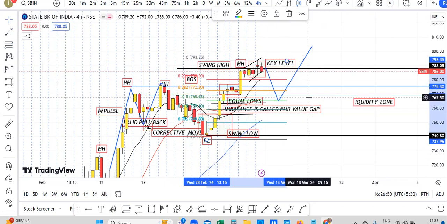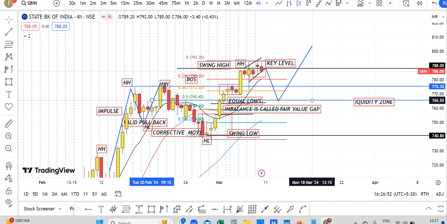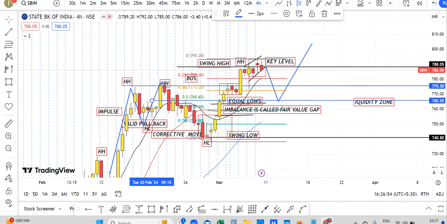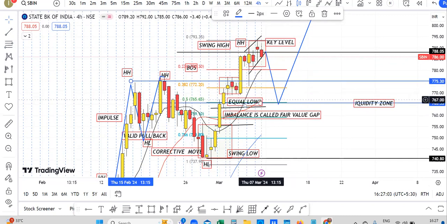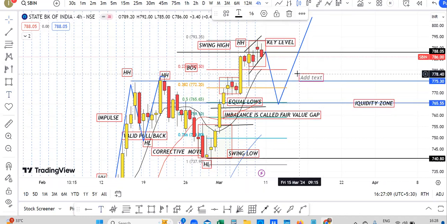I'm applying the fib tool to notice the 0.5 area. The price is staying above it, so now the price is in the premium area. The price beneath the 0.5 is considered as the discount.